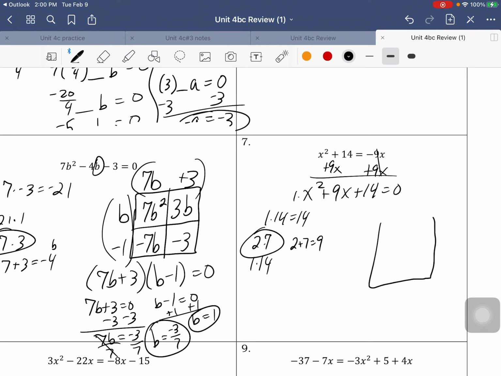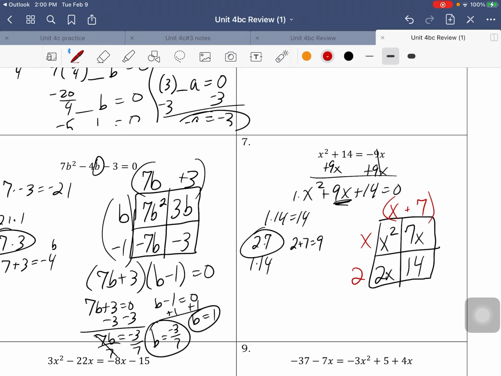So we're going to use the Punnett square. First term, top left. Second term, or c term, bottom right. And the 2 and the 7, and we need x's on them to get them to equal the b term. Bottom row, greatest common factor is 2. Top row, greatest common factor is x. First column, greatest common factor is x. Last column, greatest common factor is 7.